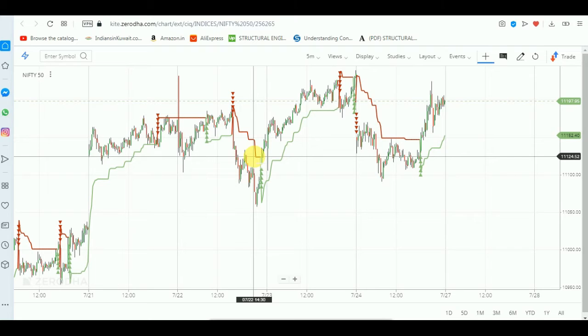The trader who wants to capture the big picture, the big movement, will have a higher multiplier. If you keep on increasing the multiplier, then the trend changes will be minimized. If the trader wants to capture the small movements also, then the multiplier should be less. So 3 is obviously a bit less in number.